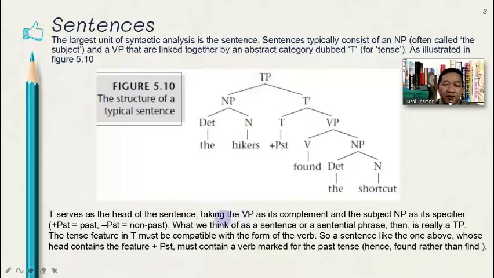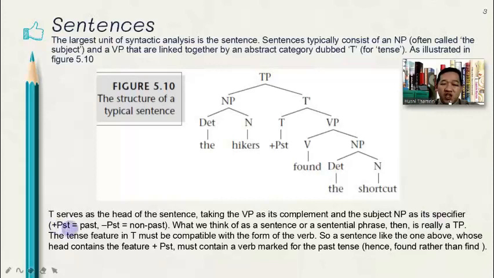And then taking the verb phrase as its complement, and the subject noun phrase as its specifier. Okay, the noun phrase here is a specifier.